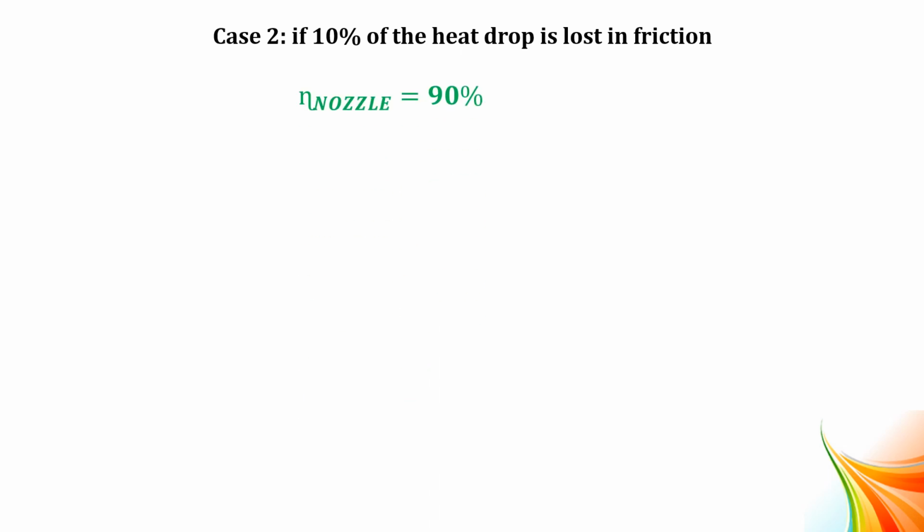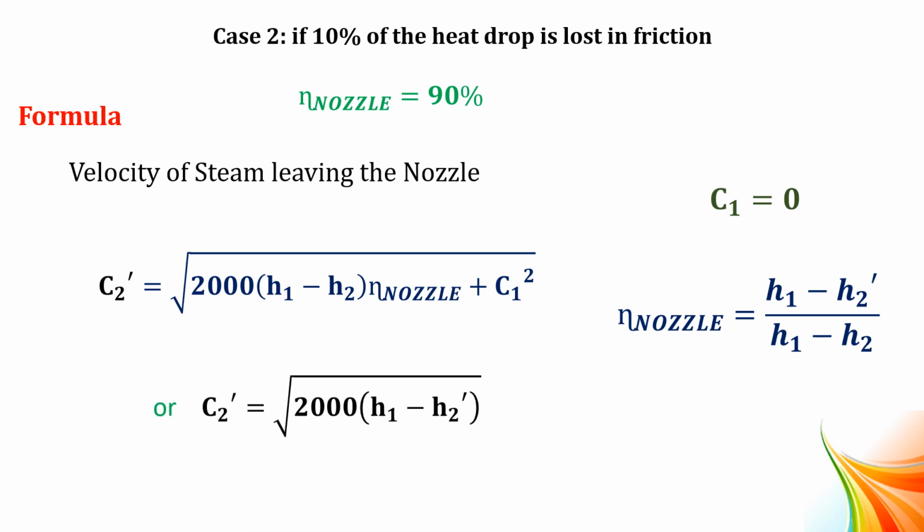Case 2, that is a 10% heat drop due to friction loss. Nozzle efficiency is given, so in the formula we have to multiply by the nozzle efficiency. Look at the formula. Here we are multiplying by the nozzle efficiency, that is 0.9. It is given in the problem: 10% heat drop, that is 0.9.